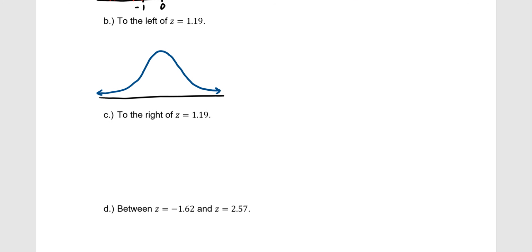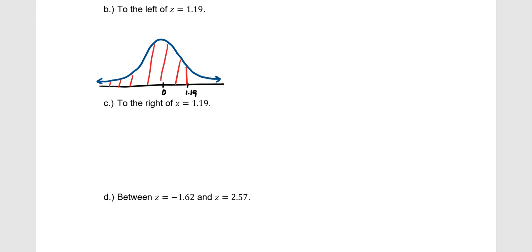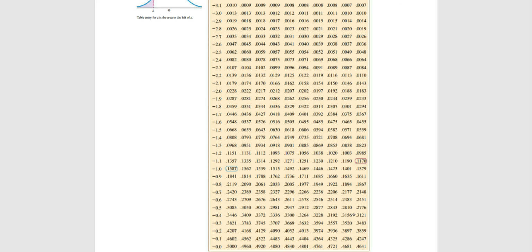Let's take a look at the next one. We want the area to the left of z equals 1.19. So 0 in the middle, 1.19 to the right because it's positive. We want the area to the left, so that's all of this area right here. Without doing anything, we know it's going to be greater than 0.5 because more than 50% is filled in. Since it's the area to the left, it's going to be the value on the table.